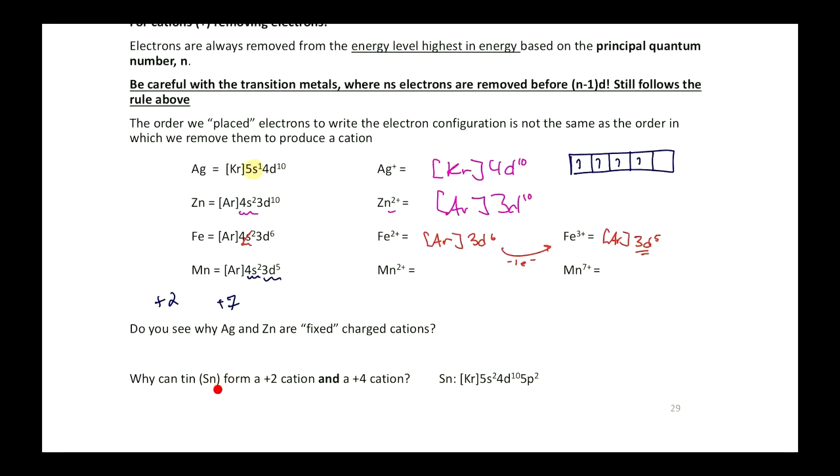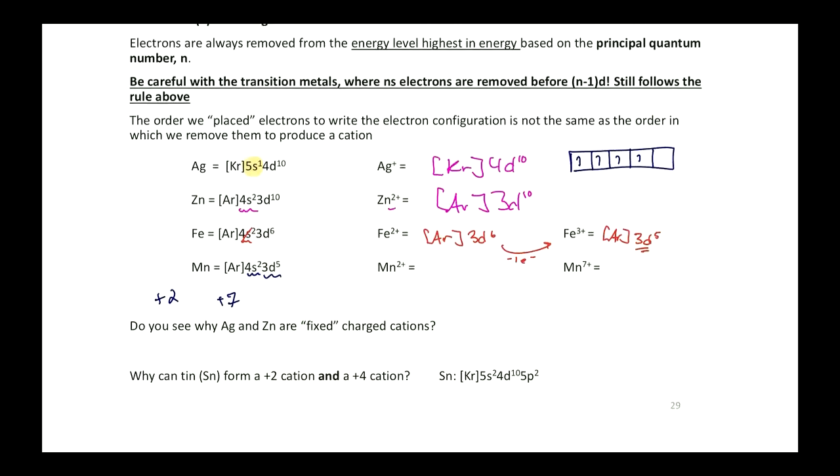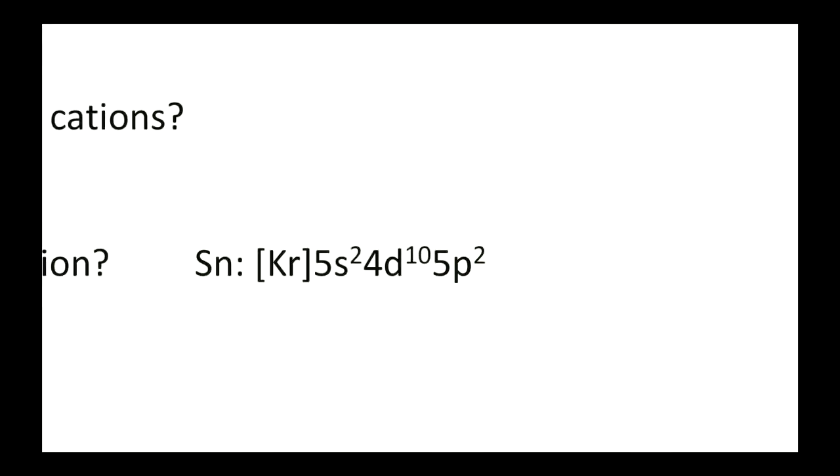Also, let's look at tin. Why can tin form a +2 and a +4 cation? If you look at the electron configuration of tin, our valence electrons are these 5s2, 5p2. To get +2, you lose the 5p electrons. To get the +4, you lose all of the 5s and 5p electrons.